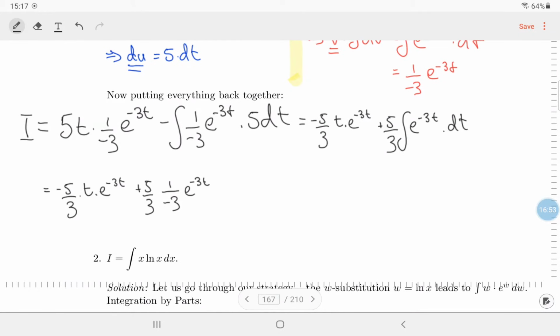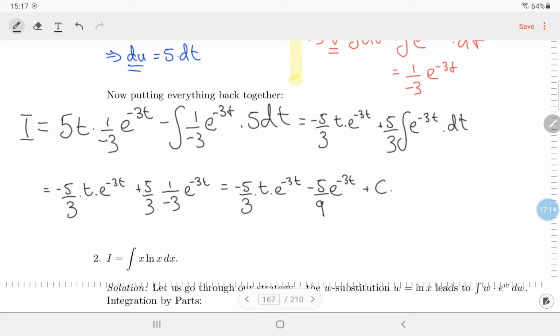Plus c. So I get minus 5/3 times t times e to the minus 3t, and the 5/3 by minus 1/3 is plus by minus is minus, and 5 by 1 is 5, 3 by 3 is 9. e to the minus 3t plus a constant.